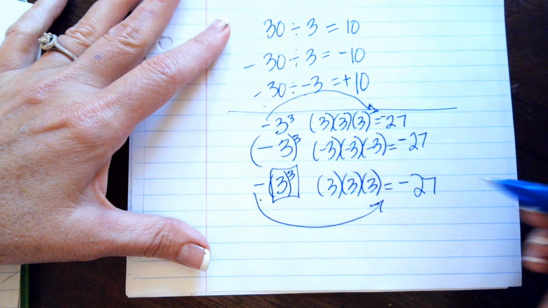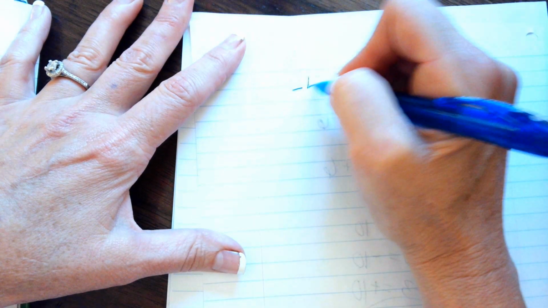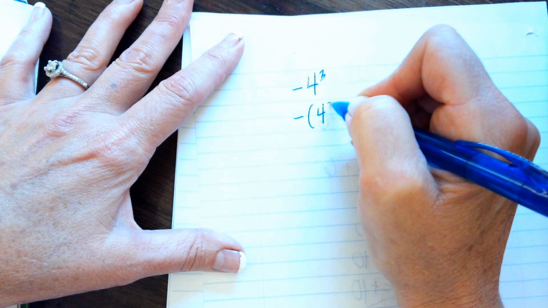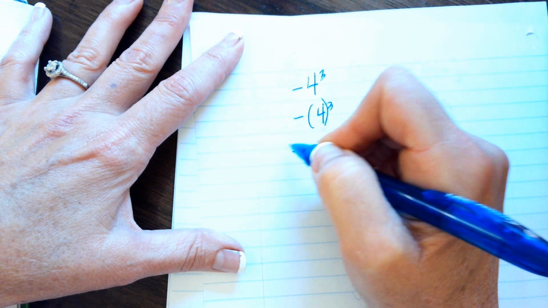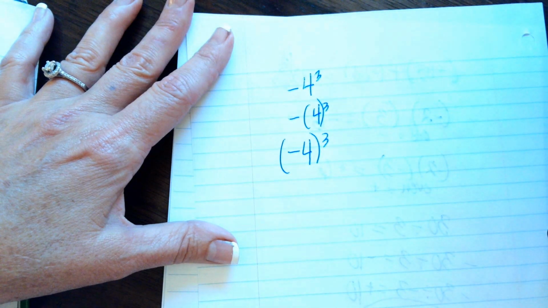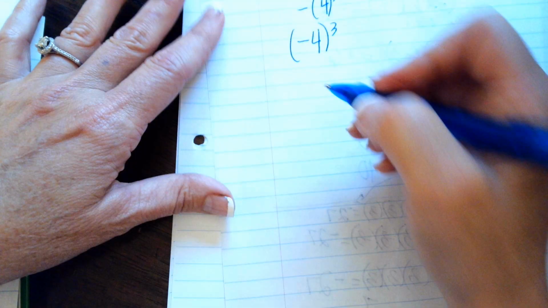So they are all the same, but they won't always be all the same. So for example, if I did negative 4 cubed, negative 4 cubed, and negative 4 cubed, that may or may not be the same answer. So it just depends.